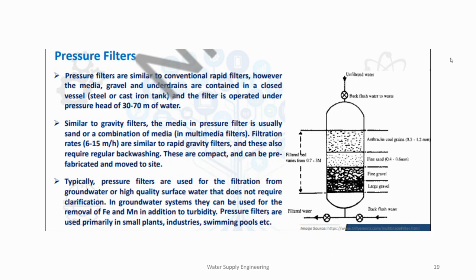So, pressure filters are similar to that of rapid sand filters. The difference being that the whole filtering material or filter bed is contained in a closed vessel which is made either of steel or cast iron, and the pressure head will be 30 to 70 meters of water.